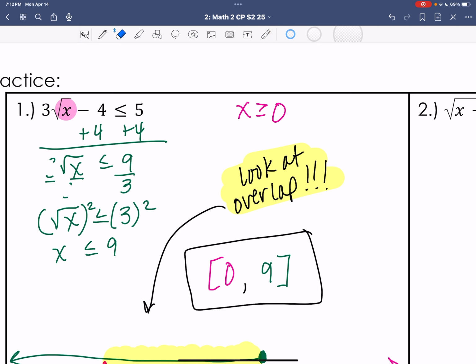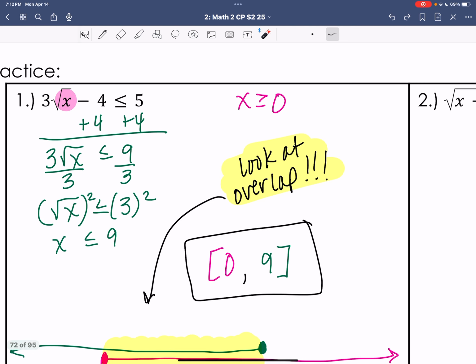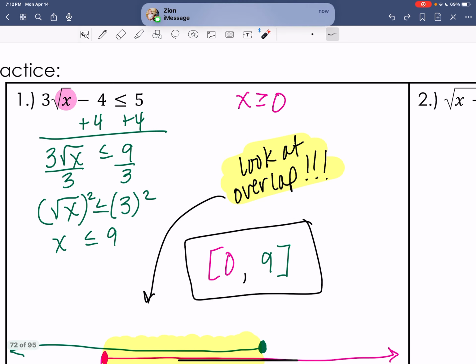That cancels, and then you're left with square root of x is less than or equal to 3. To get rid of this root, you have to square both sides. And now you're going to have x is less than or equal to 9. So now, notice how this is right here.